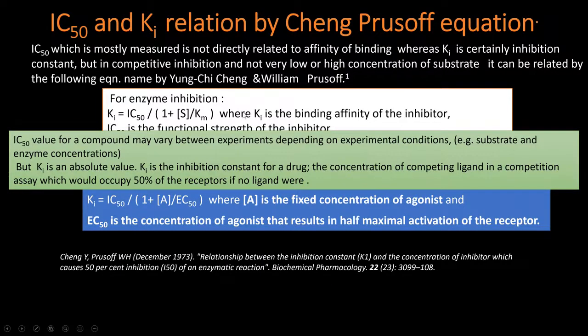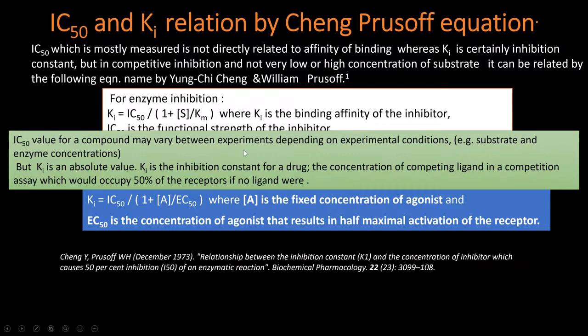In those cases, you may use different relations to convert IC50 to Ki, for example where the inhibitor is tested at very high or very low substrate concentration. Actually, when the inhibitor is too good, that means nanomolar, then this relation doesn't work. And if the inhibitors are almost molar level, this relation doesn't work either. So please remember this also.